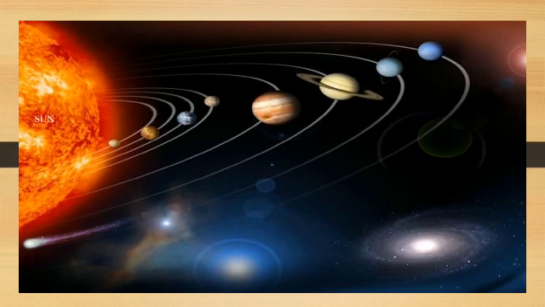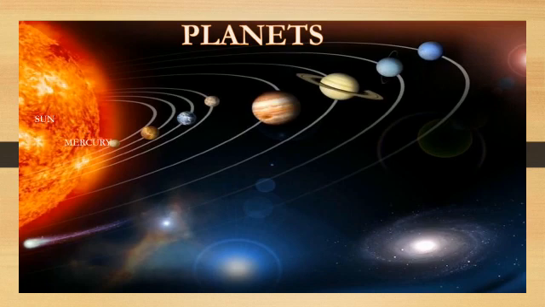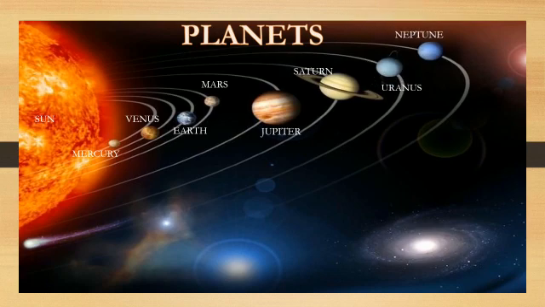Students, now we will have a look over the solar family. There are 8 planets in the solar system, and they are Mercury, Venus, Earth, Mars, Jupiter, Saturn, Uranus, and Neptune.